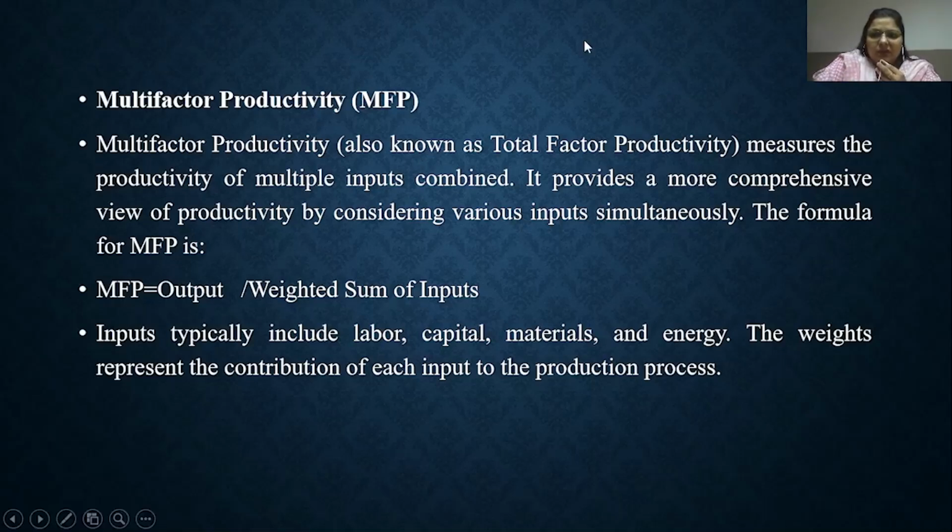It is a measure of the productivity of multiple inputs combined. It provides a more comprehensive view of productivity by considering various inputs simultaneously. The formula of MFP is equal to output divided by weighted sum of the inputs.